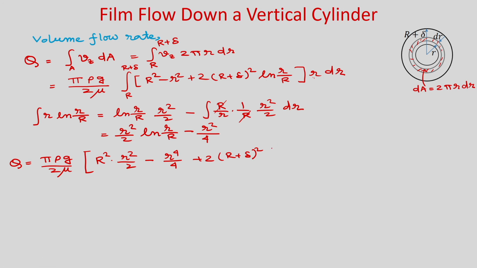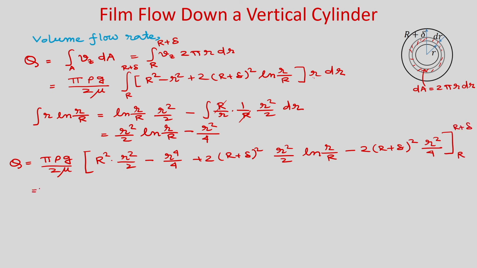So, this is the term. So, you can write r square by 2 ln r by r minus 2 r plus delta square r square by 4, okay, and limits r to r plus delta.